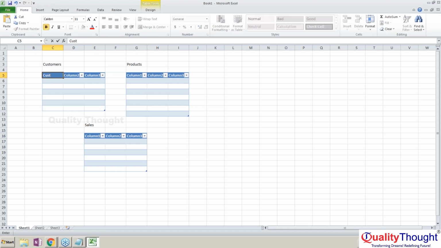So customer ID, customer name, customer city, something like this, and product ID, product name, and product price. Now sales ID, customer ID, and product ID.